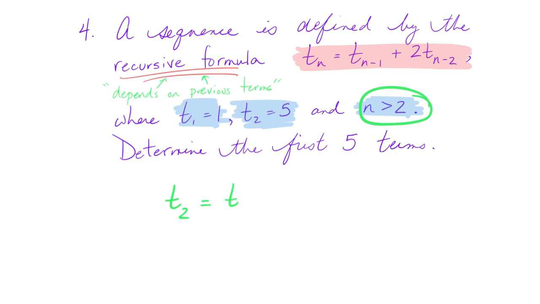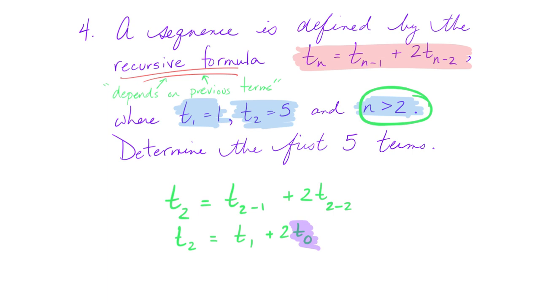Therefore, all of my n's have to equal 2. And now when I simplify all of those operations, I get term 2 is equal to term 1 plus 2 times term 0. And that should be screaming at us right now for what the problem was, because we know we cannot have a term 0.